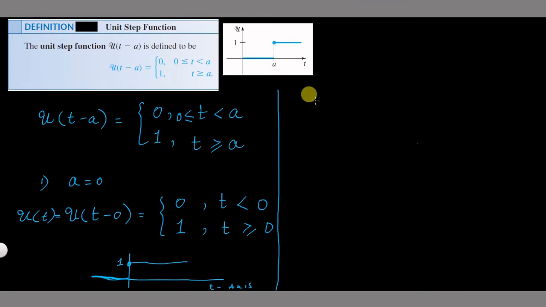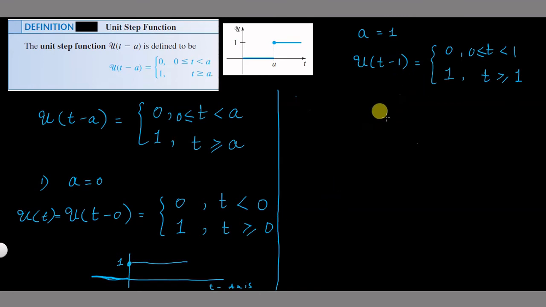For instance, if we select a equal to 1, then what will be the representation of this function? So this unit step function will be represented as u of t minus 1, which is 0 when t is smaller than 1, obviously greater than or equal to 0, and it will be 1 when t is greater than or equal to 1.